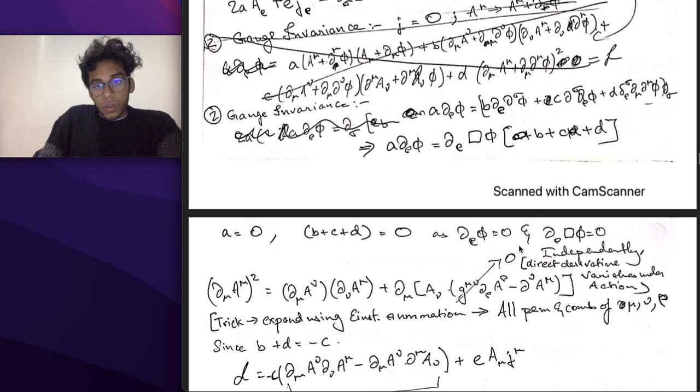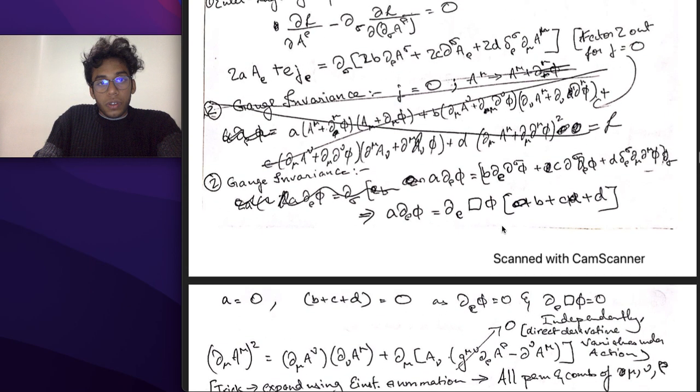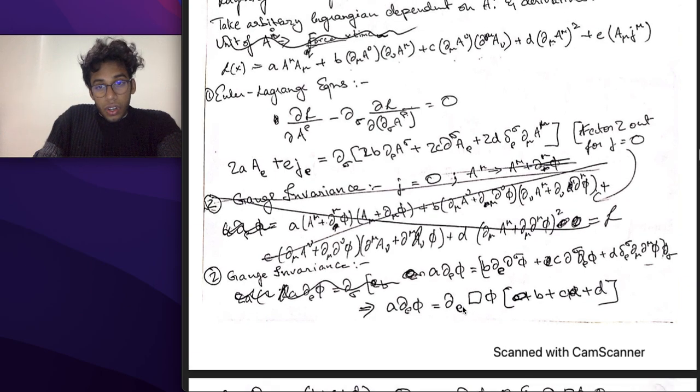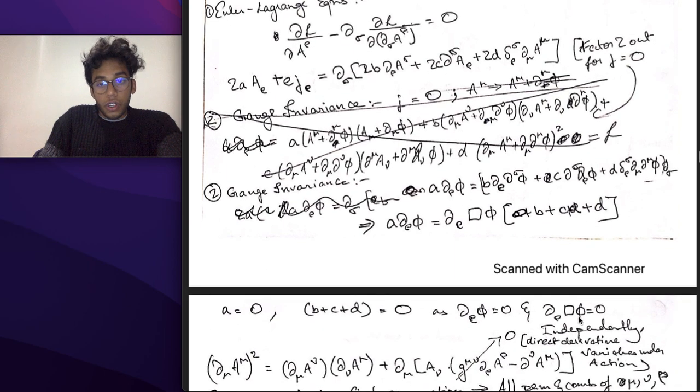And also, because dou rho box is different from dou rho, these two quantities are quintessentially different, and therefore the coefficients must vanish separately.